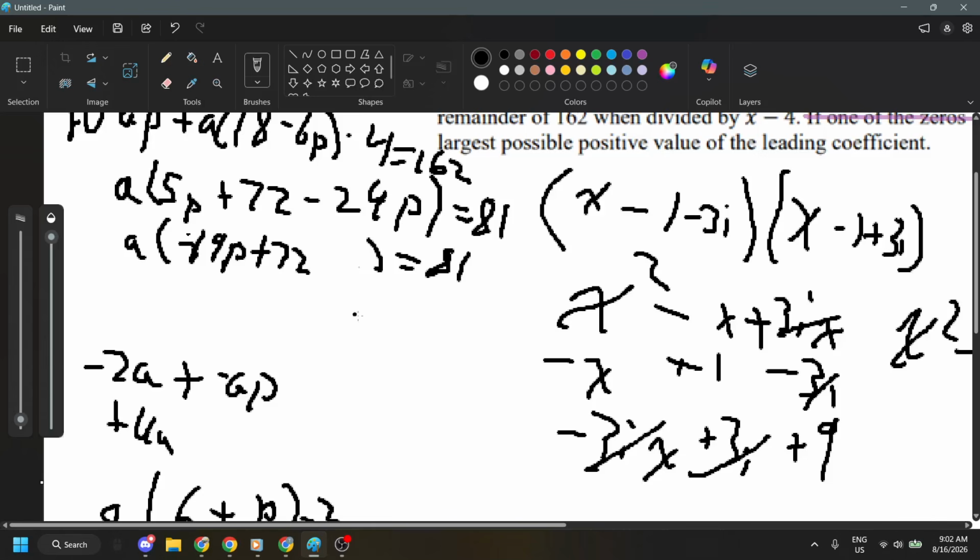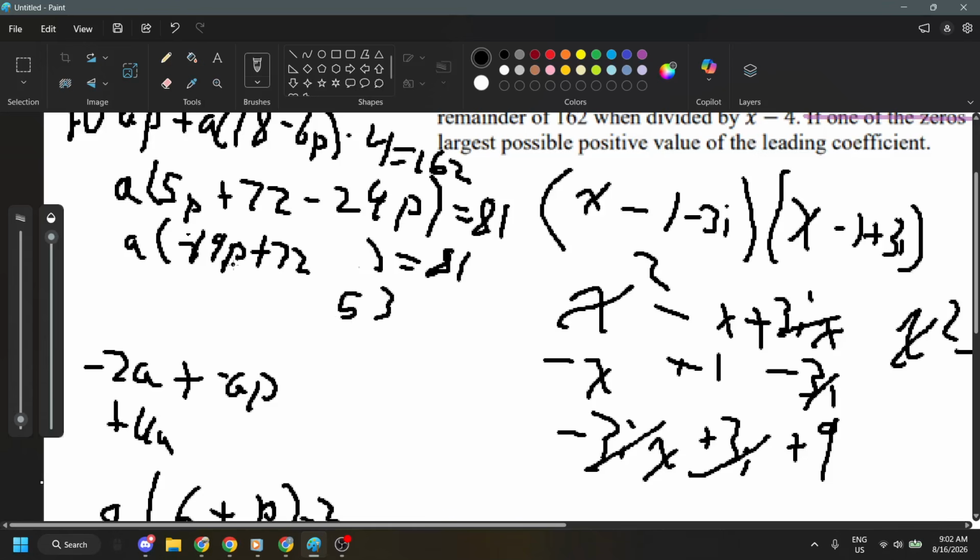So when p is 1, we get 72 minus 19, which is going to be 13. Not anything. What the heck? That's not what that is. 72 minus 19 is going to be 62 minus 9, which is 53.